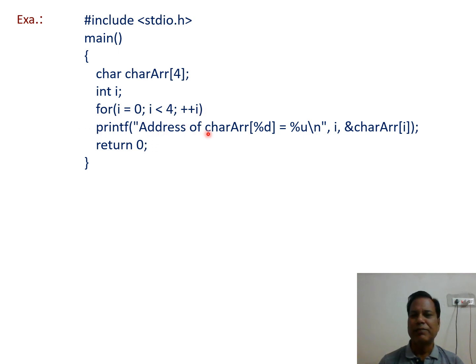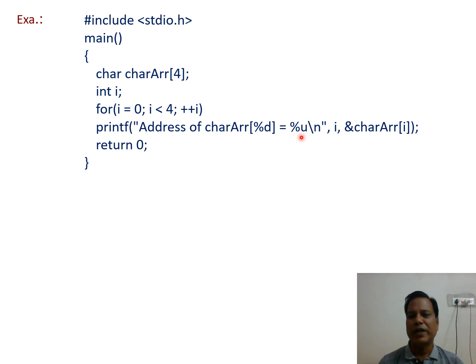printf address of char[%d]. So at this point the compiler searches for the variable and the value of the variable, that is here 0. So the first character char[0] is printed here, equals %u.